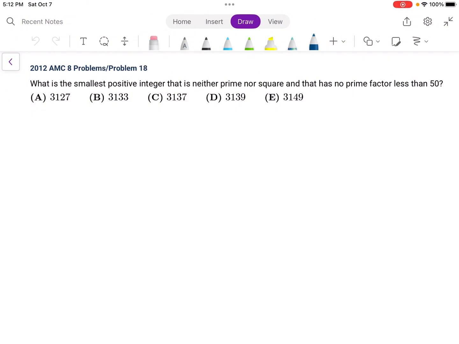Problem 18. For this problem, if we try to find the prime factors of each number, it would take too much time. Therefore, let's first look at the two prime factors that are larger than 50, and they should be 53 and 59.